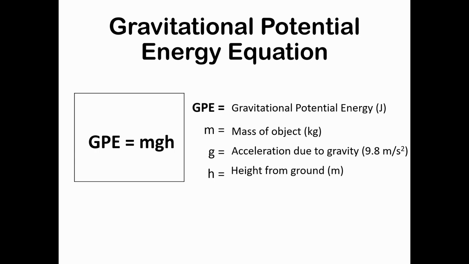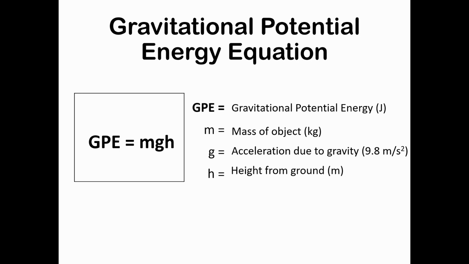M stands for the mass of the object, and it is measured in kilograms, represented by the abbreviation kg, also on your quiz. G, lowercase g, case is important. G is the acceleration due to gravity, and that's going to be 9.8 meters per second squared.